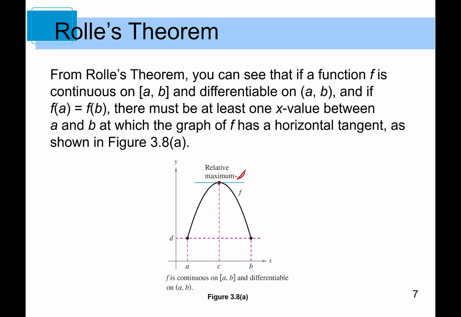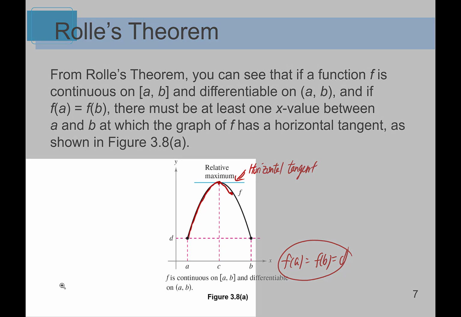This is where the horizontal tangent occurs. f(a) equals f(b) equals d, where d is a constant. If you look at it, it's continuous everywhere. It's differentiable everywhere within the interval.